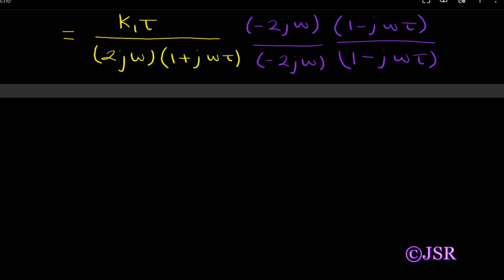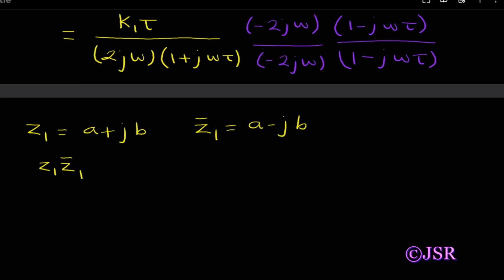So using complex number analysis, let's say we have a complex number z1 equal to a plus jb, and the conjugate of z1 is a minus jb.